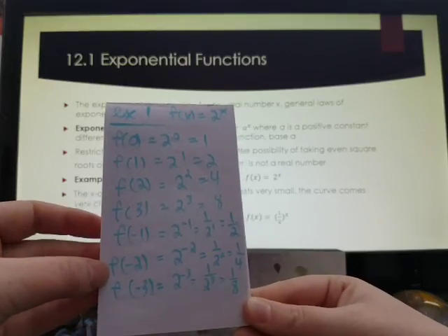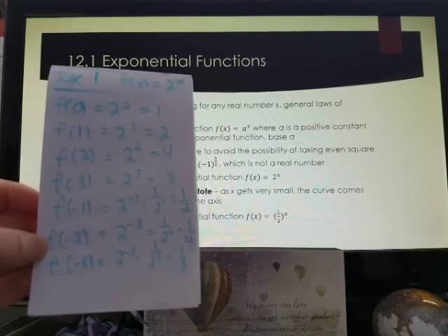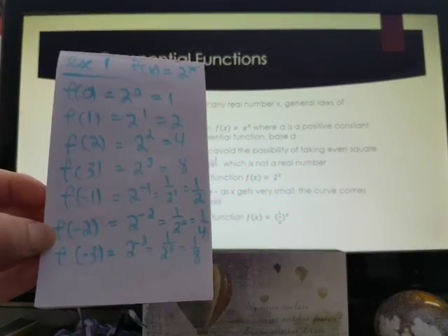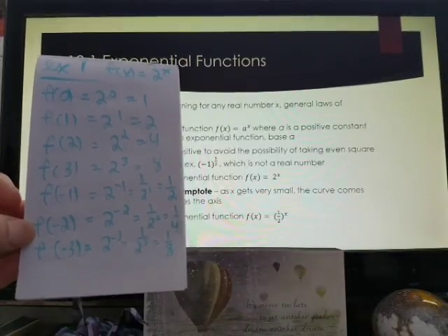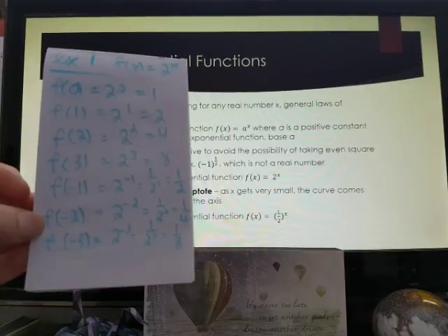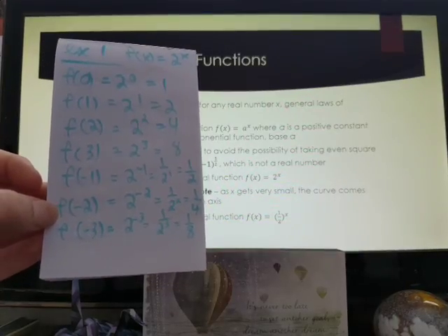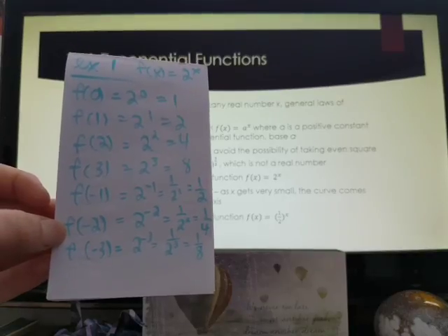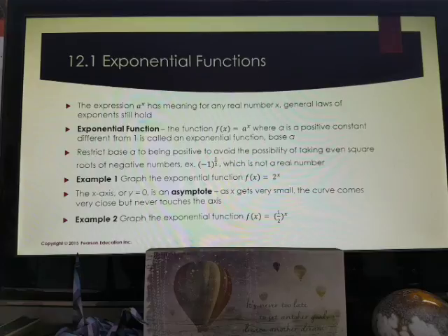F of negative 2 is 2 to the negative 2, which is 1 over 2 to the 2. Like we said, that's what happens with a negative exponent: you put 1 over the number, which is 1 over 4. And f of negative 3 is 2 to the negative 3, which is 1 over 2 to the 3, which is 1 over 8. So getting those values, then you're going to plot them on a graph.